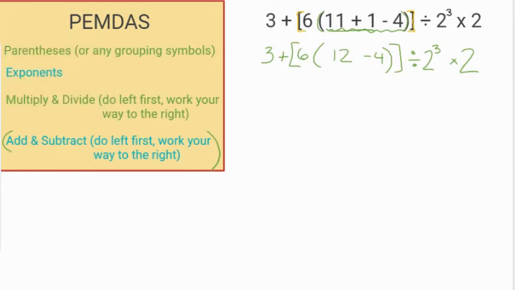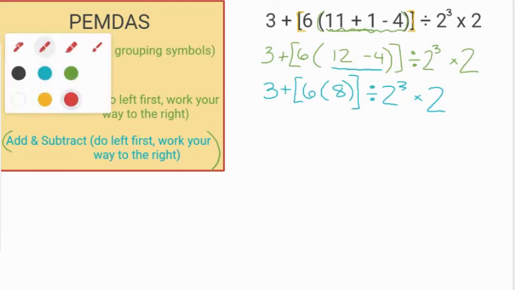Now, still inside those parentheses, but now it's a subtraction, 12 minus 4. And that's going to equal 8. Sometimes you can do more than one step at a time, but in this example, I'm going to do only one step for every line. We still have grouping symbols.